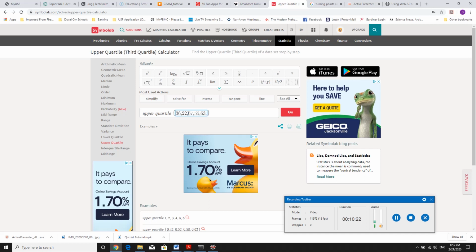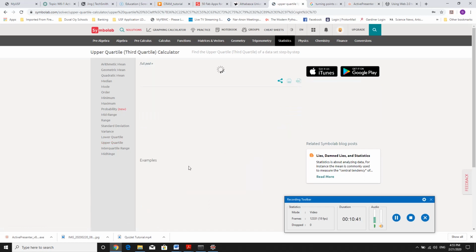These are some test scores for a recent test that I administered. '93, '97. And if I hit go, it will give me the upper quartile of those scores.